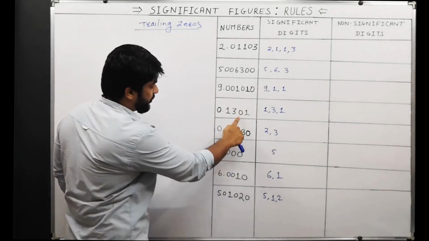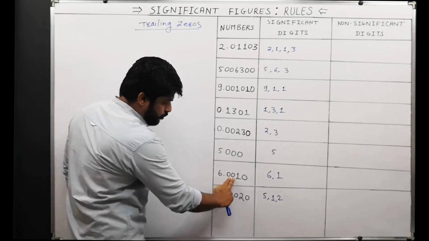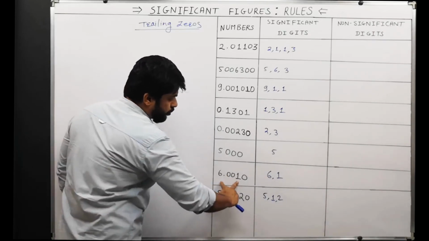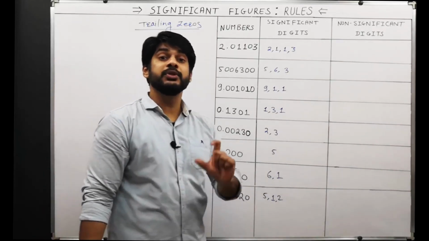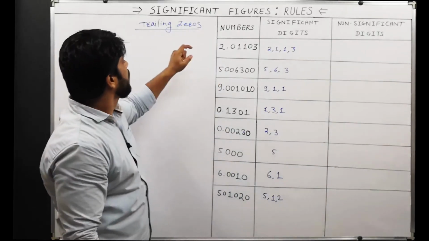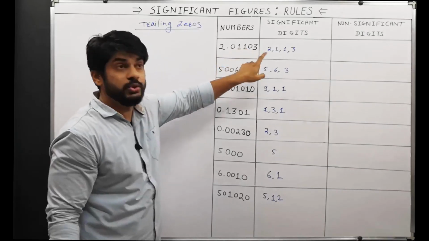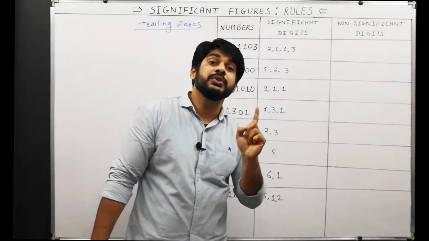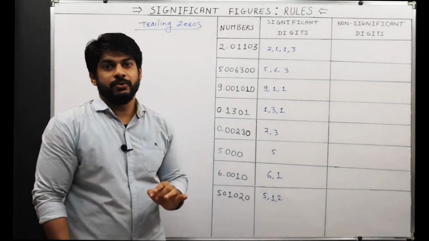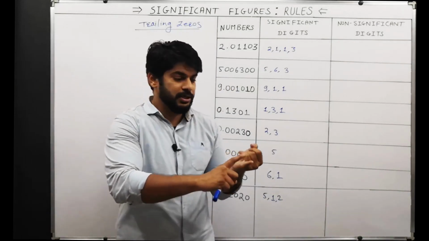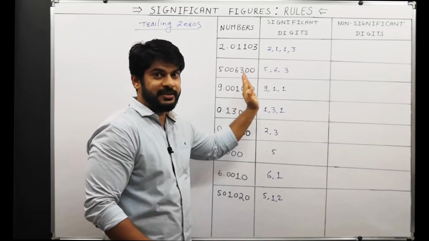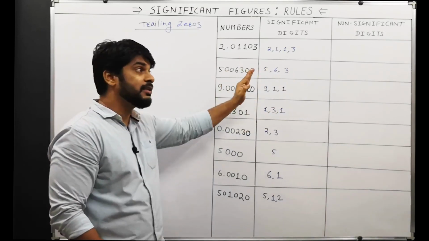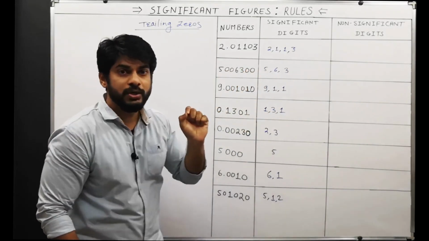Same here, and these two, and this one, and this zero, they are all in between 2 non-zero digits. So zeros appear in different ways: they can be trailing zeros, that is at the end, or they may be in between the 2 non-zero digits.